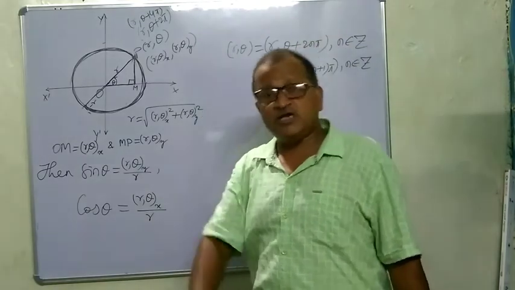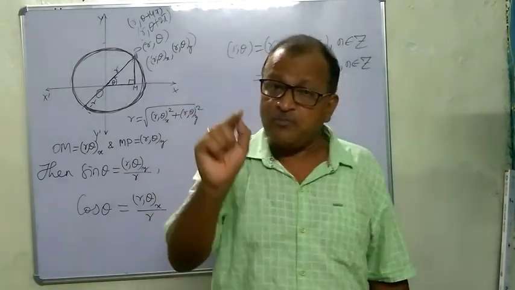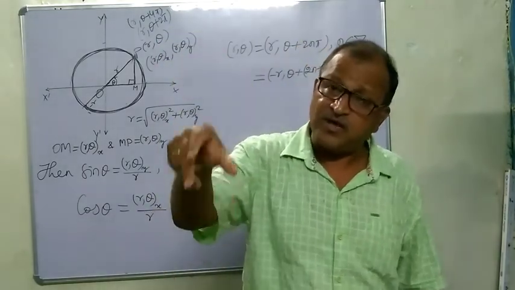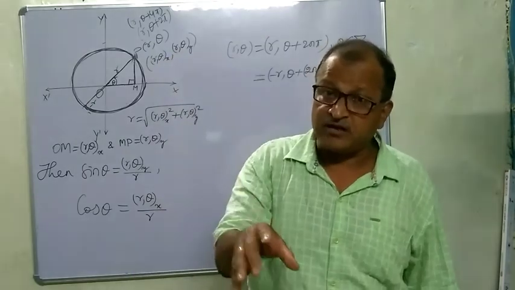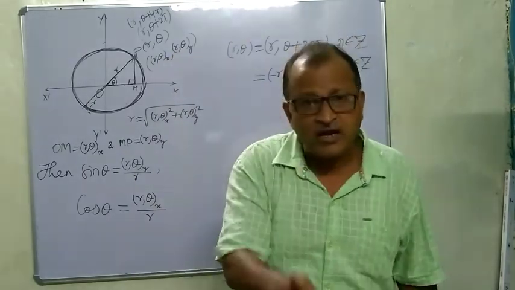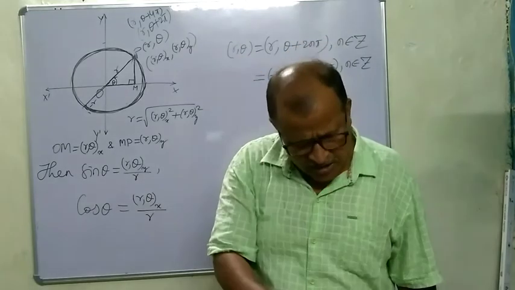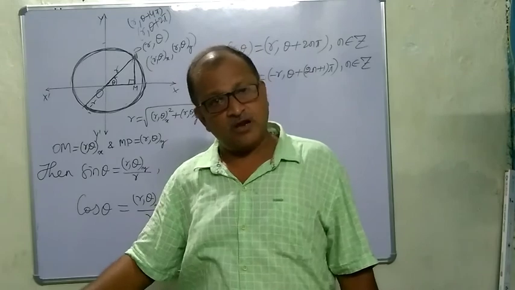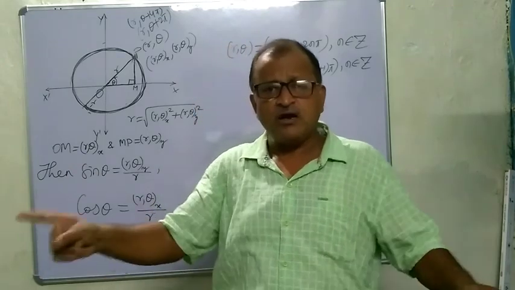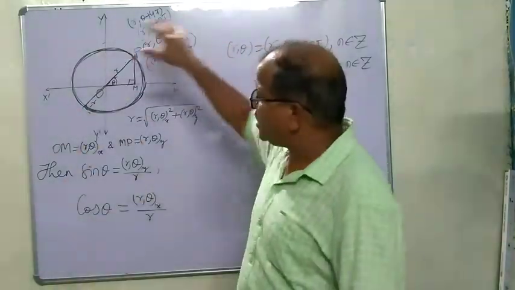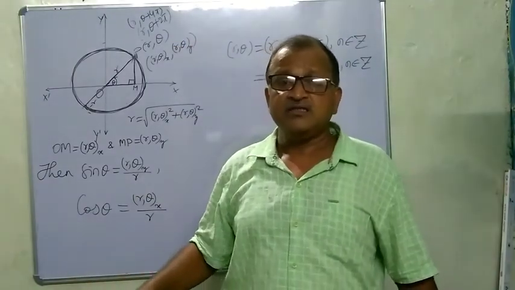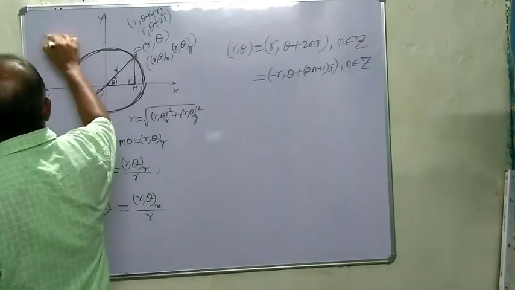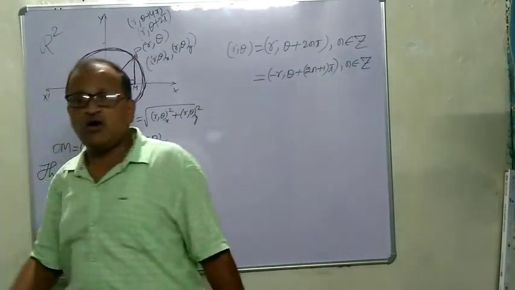In our Cartesian coordinate system, for one point there is only one ordered pair of real numbers, and for one ordered pair there is only one point on the plane. There is a one-to-one relationship between the set of points on the plane and the set of ordered pairs, and that is why the plane is called R square.